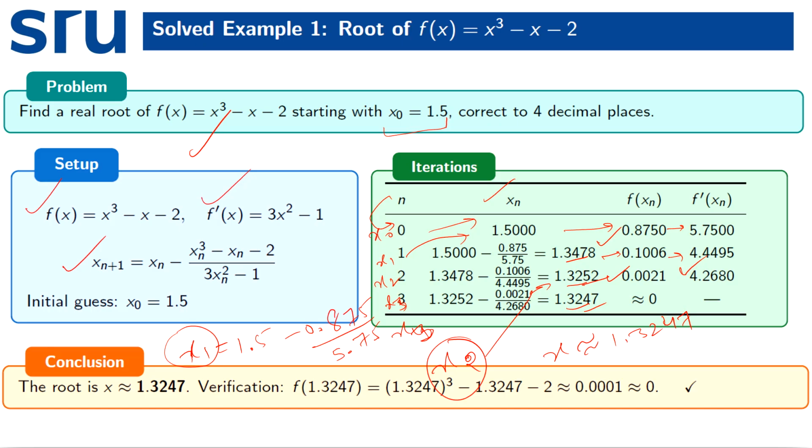If we substitute back this value f of 1.3247 and solve it, we will approximately get 0.0001, that is approximately equal to 0 only. Since the value is very close to 0, our answer is correct. I hope you are getting this.